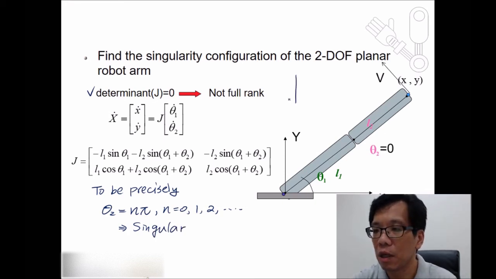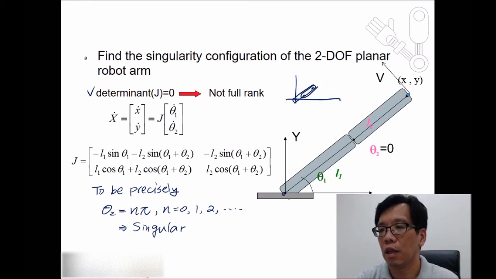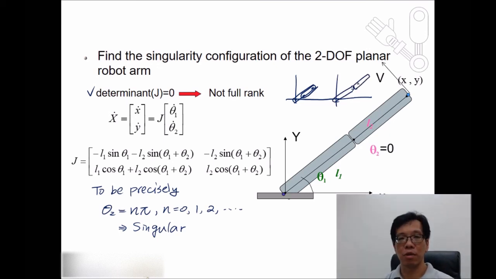If you have your configuration like this, and like this, they are both singular. That might be a special case when you are doing the calculation. It doesn't mean you cannot have this position. It only means that when we are doing calculations, we're going to have some problem. Physically, it might be doable, but mathematically your determinant becomes 0, so you might have some problem.